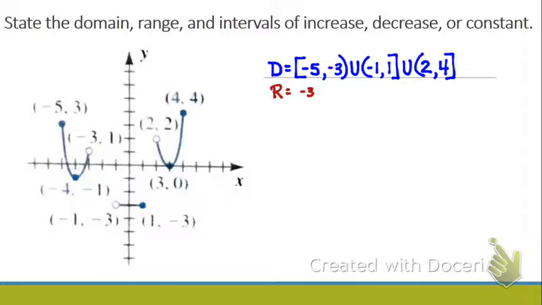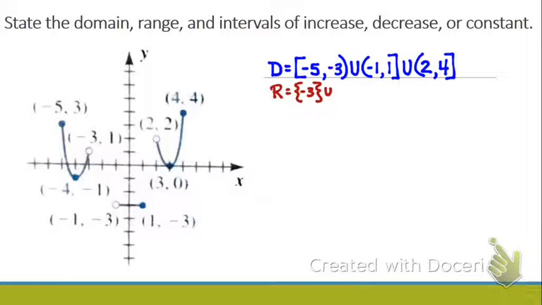It's just a single number. Not a range, but a single number. So I'm putting it inside curly brackets. Because the range, the y value, doesn't change anywhere along here. It's -3 over here. It's still -3 over here. It doesn't go up or down at all.